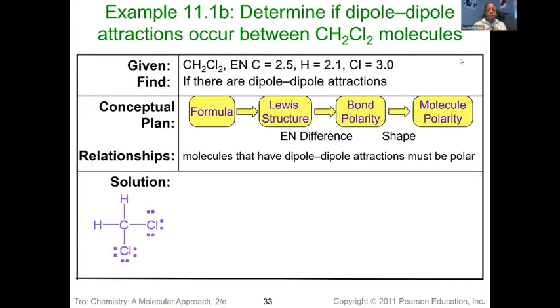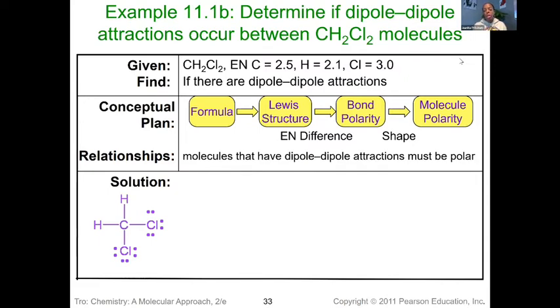All right, and so if you are drawing it out, you should have gotten a Lewis structure that looks similar to this, where we've placed carbon in the center. It's the least electronegative atom, and then we put hydrogen and chlorine external to it. When we look at that, we see 0 lone pairs, 4 bonding regions. So that tells me that the electron geometry would end up being tetrahedral.